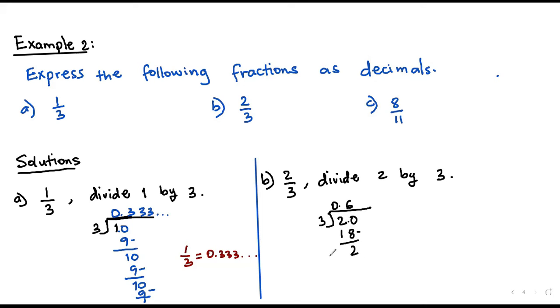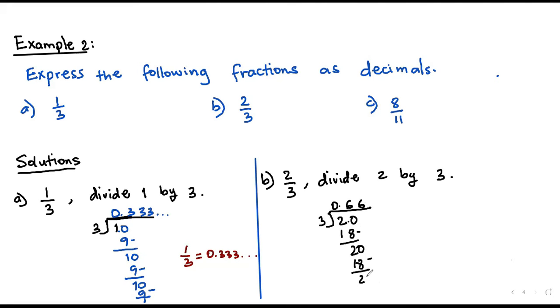So again, 20 divided by 3, we get 6. And 6 times 3, we get 18. Now 20 minus 18, what do we get? 2. Maybe 3 is repeating? Oh, sorry, 6 is repeating maybe.